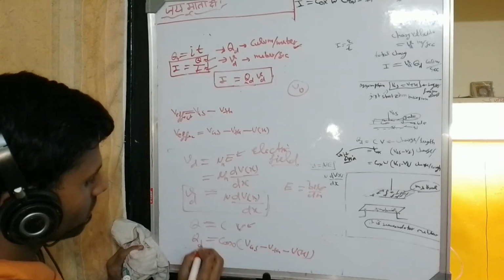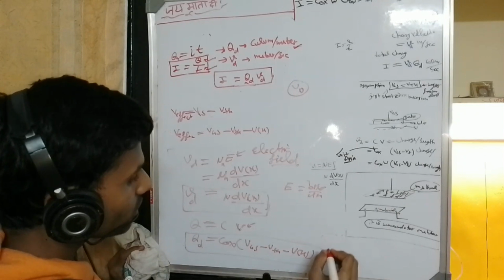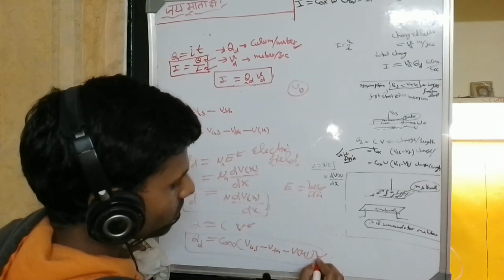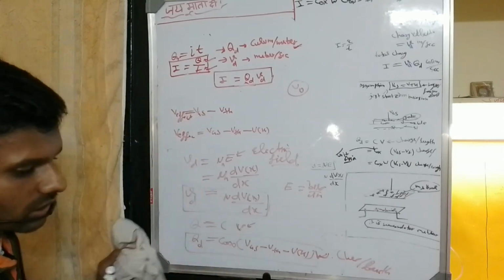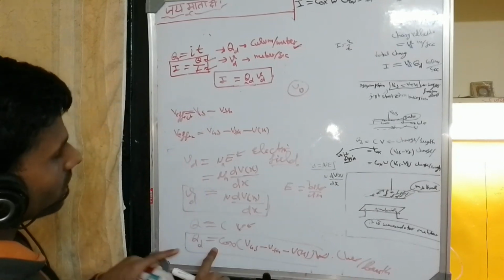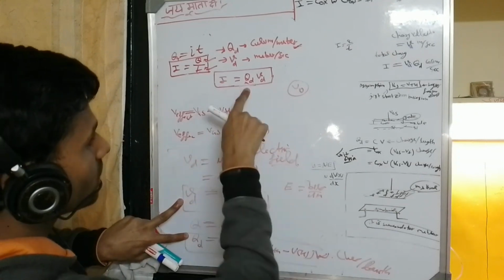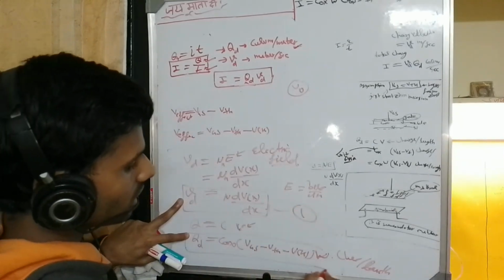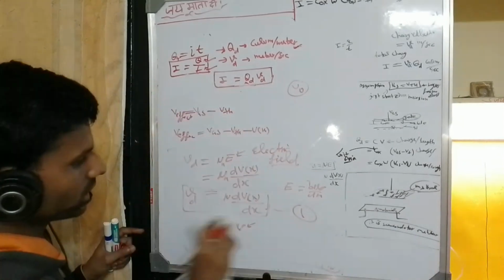This will be the charge per unit area, and if I multiply with W, this becomes the charge per unit length. So now what I want is this charge per unit length and the drift velocity. The drift velocity is this, and the total charge is this. So I multiply them and I get the current.